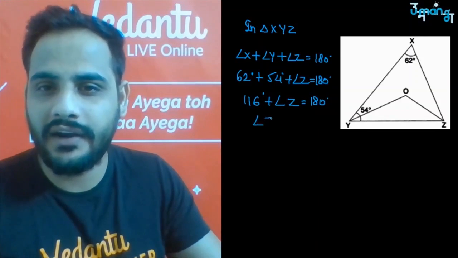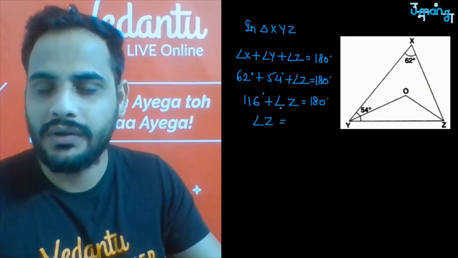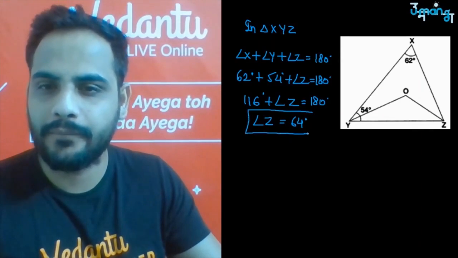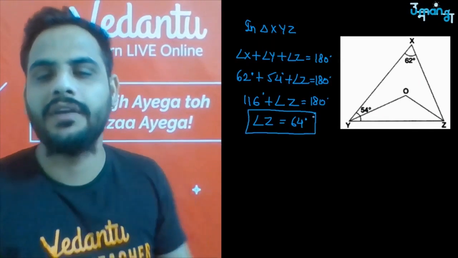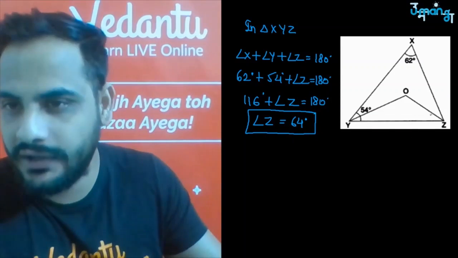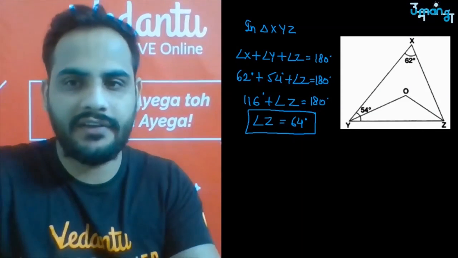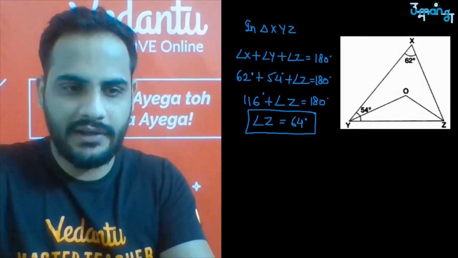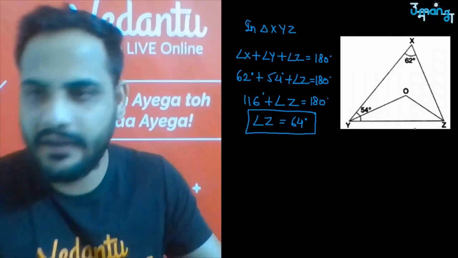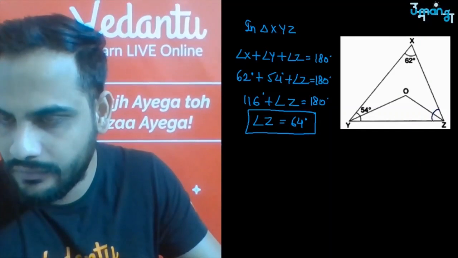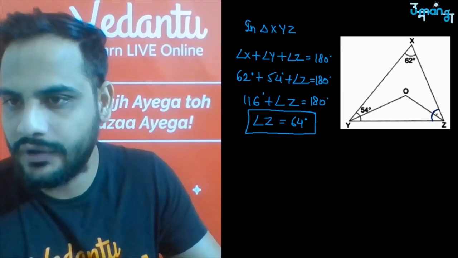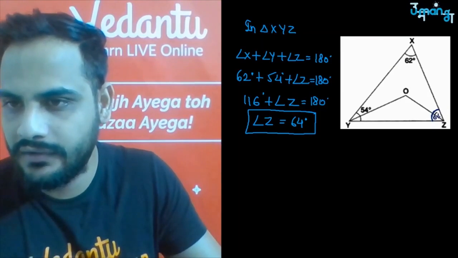So angle Z is equal to 64 degrees. Remember, beta, this complete angle is 64 degrees.